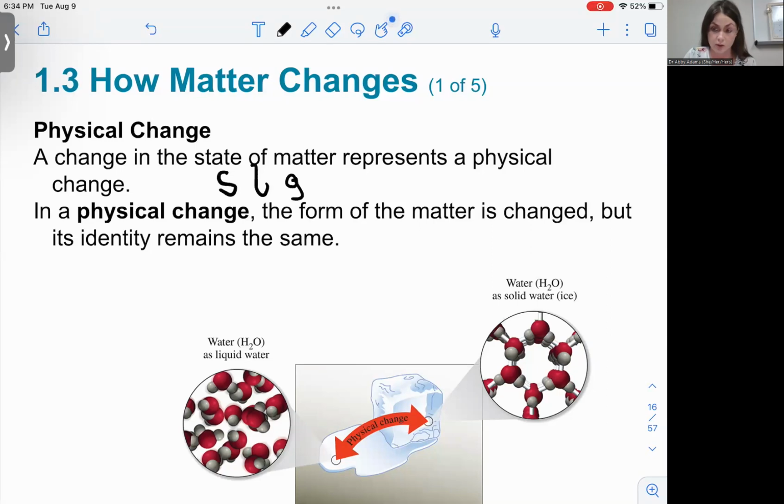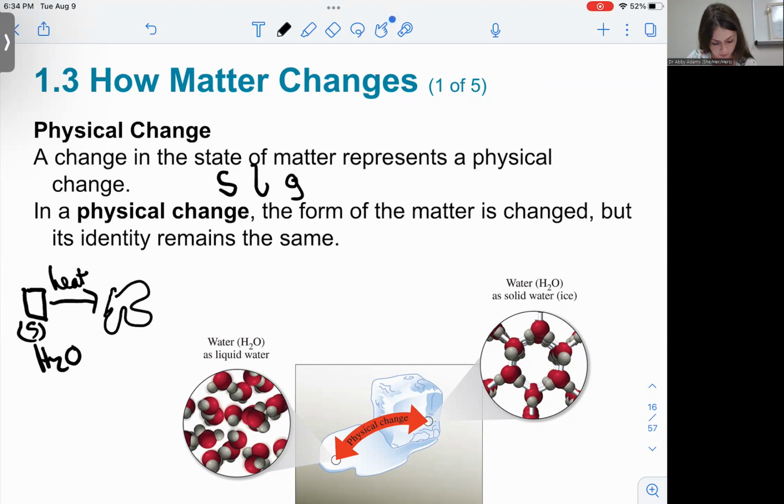does not change here. For example, if you have an ice cube, right, regular ice cube, H2O, water, we have the solid form of water, and if we heat that a little, that ice melts and becomes liquid water, still H2O, right?